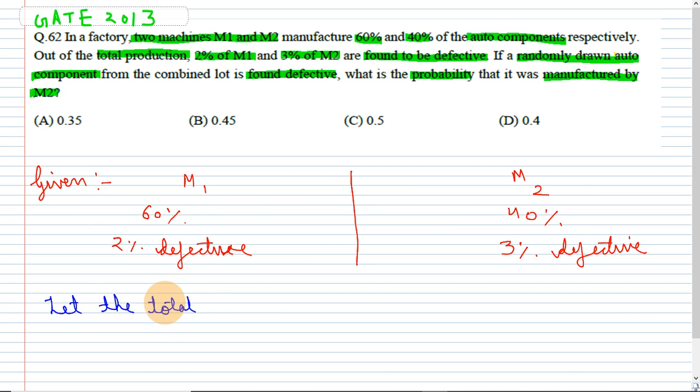Let the total production of the auto components be 1000.